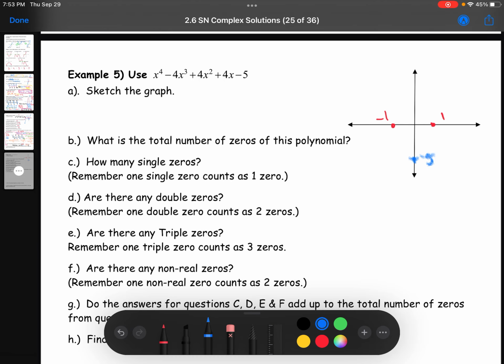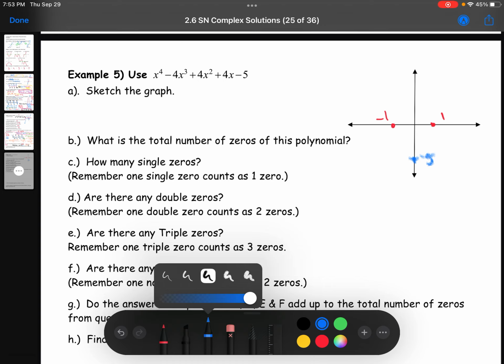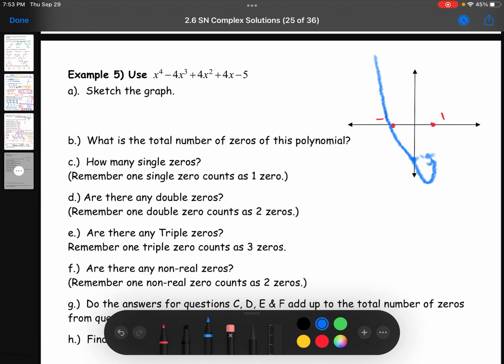We can actually see that y-intercept. It's going to be -5. And our graph went a little below that and then came back up through here. Now, that's not a great graph, but it gets the idea.